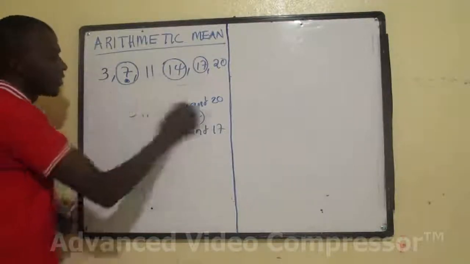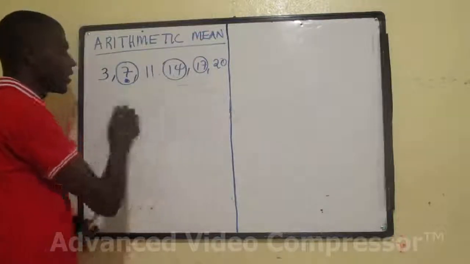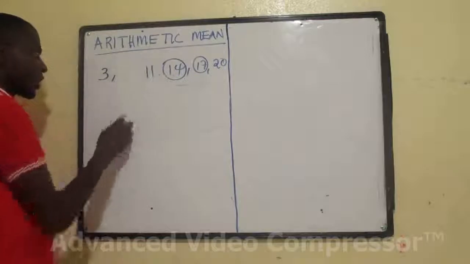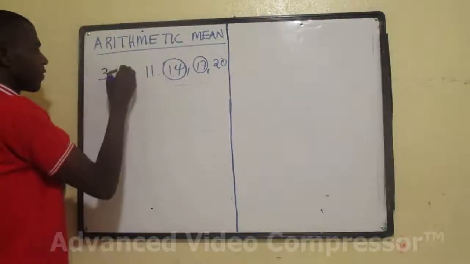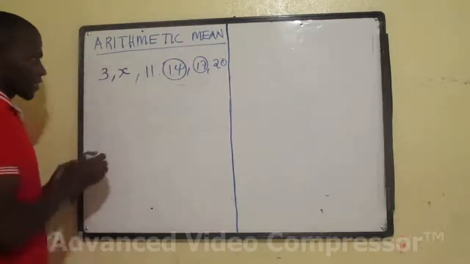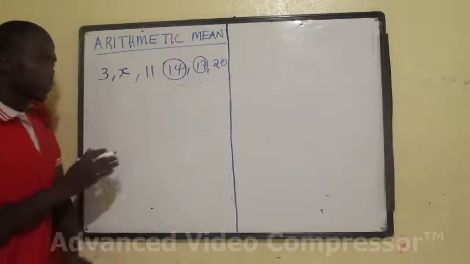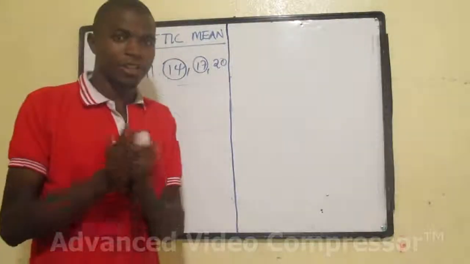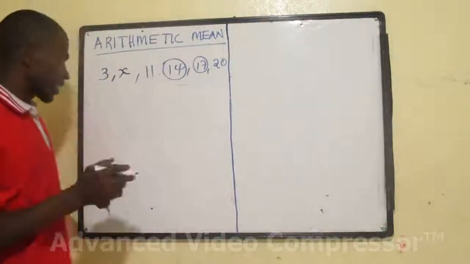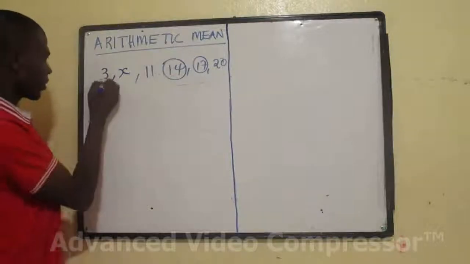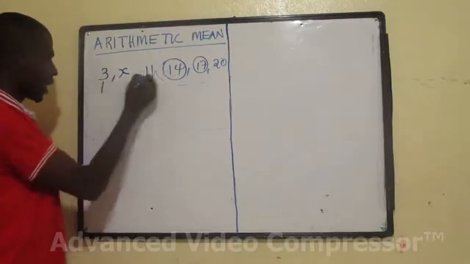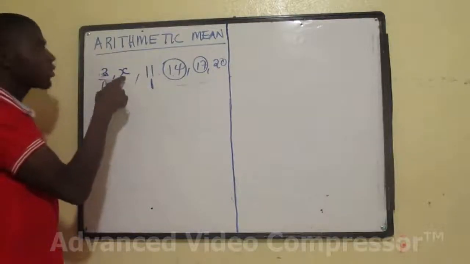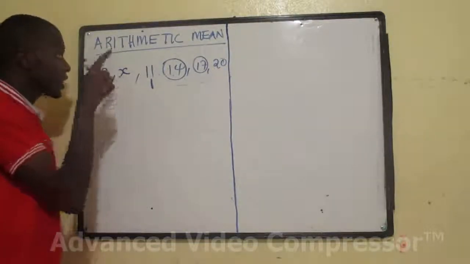I rub off 7 and replace it with x. Imagine we were asked, what is the value of x? The term there is 3 and the term there is 11, and the middle term, the arithmetic mean, is 7.